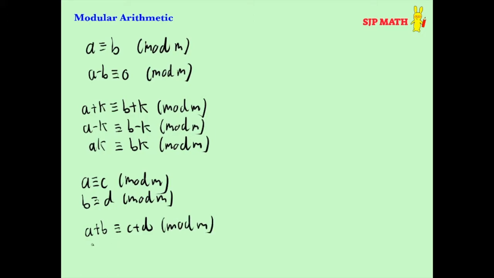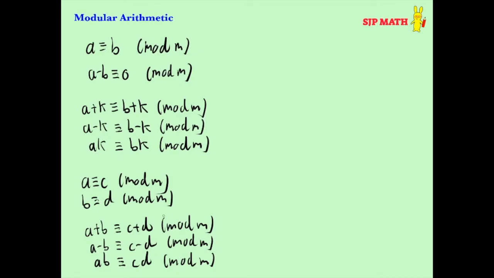And we know that a minus b is congruent to c minus d mod m. That is the subtraction rule. And we know that a times b is congruent to c times d mod m. And this is the multiplication rule.